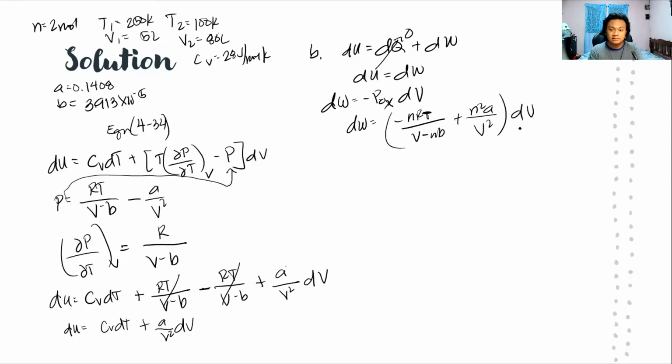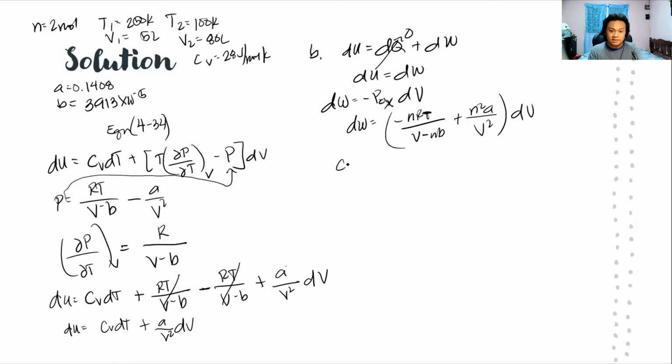I've already taken into account the signs, so instead of negative, it is positive. Okay, so next, we will put this together, substituting our dw here and our dU here.